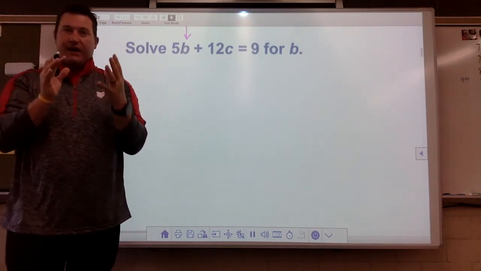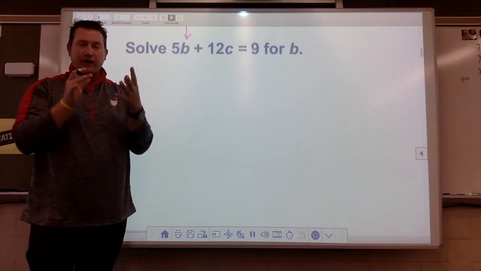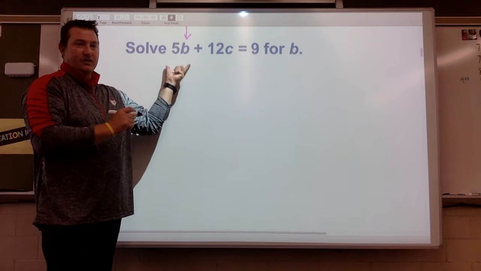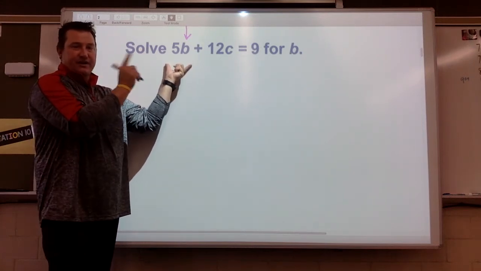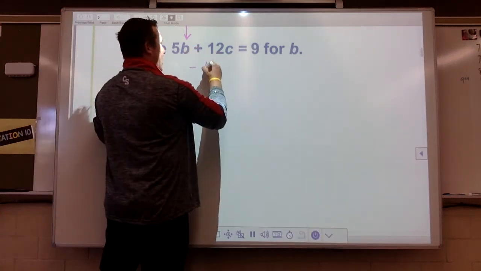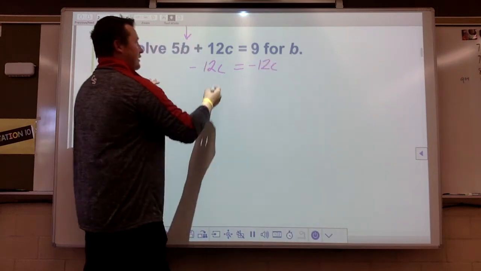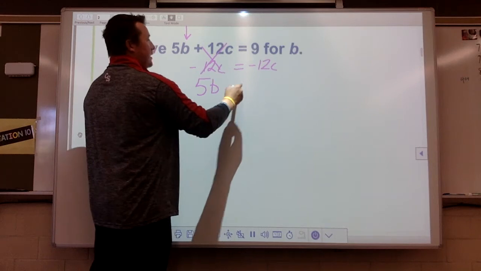Hopefully we have a good foundation that we've laid with solving equations, and we know what to do, right? So isolate the variable. So leave this alone. Leave it here. Move everybody else to the other side. Okay, so we're adding 12c, so I want to subtract 12c, right? And here's why stuff gets weird. Again, this cancels out. I'm left with 5b.